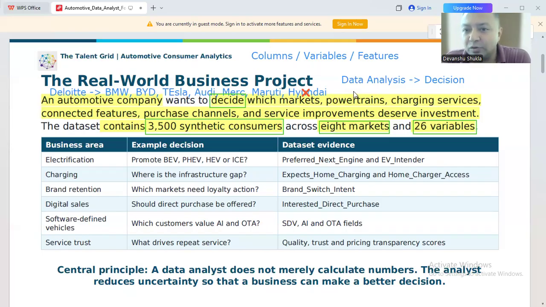Okay. So that is why it is very, very important that we make good data analysis and with the right evidence and with the right information. I believe this is clear.